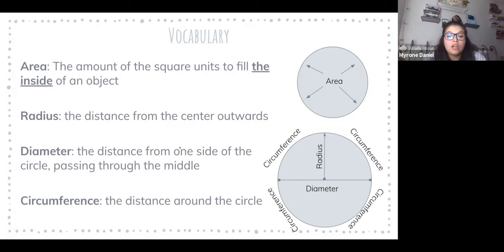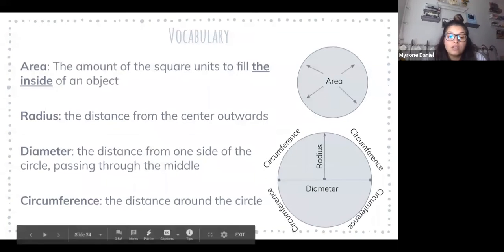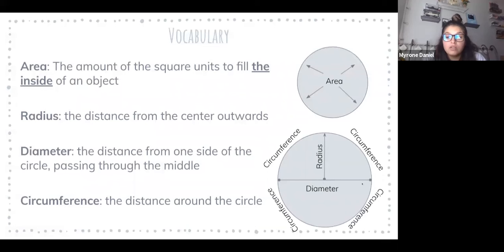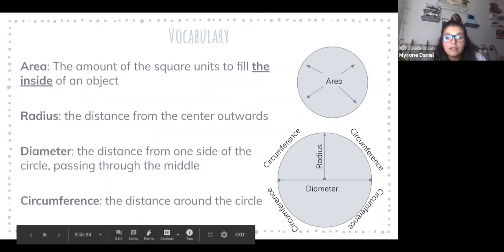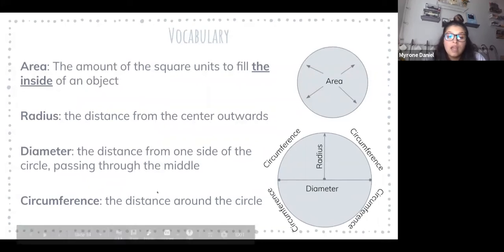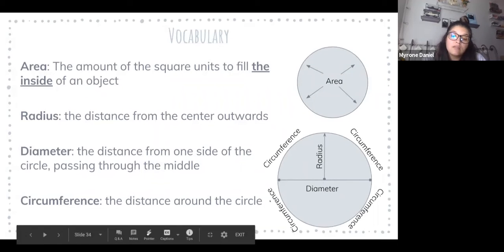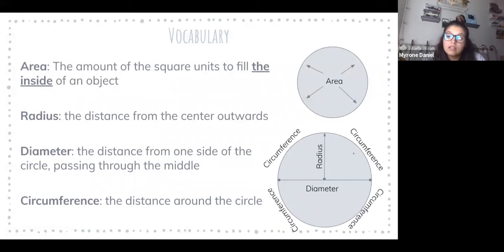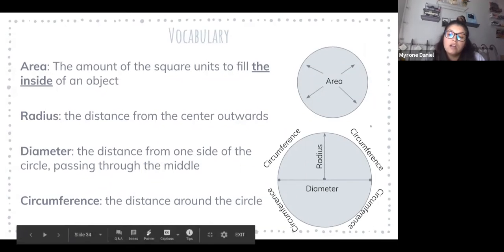The diameter is the distance from one side of the circle passing through the middle to the other side. So that is the diameter, and it goes through the center. And the circumference is the distance around the circle. So the circumference is the outside length around the circle.